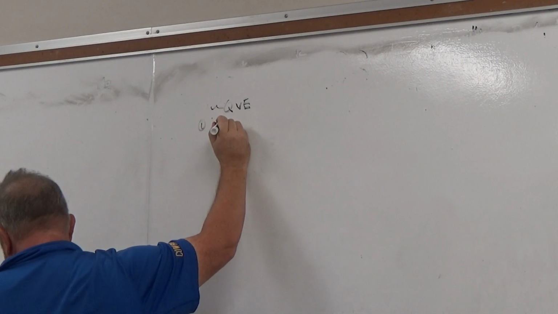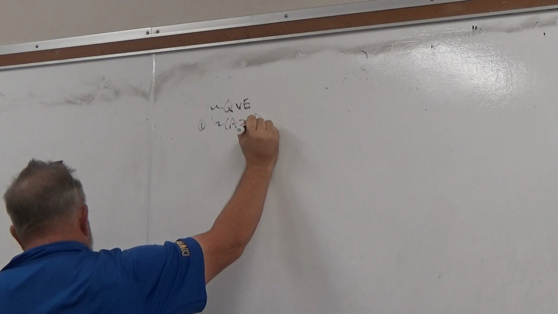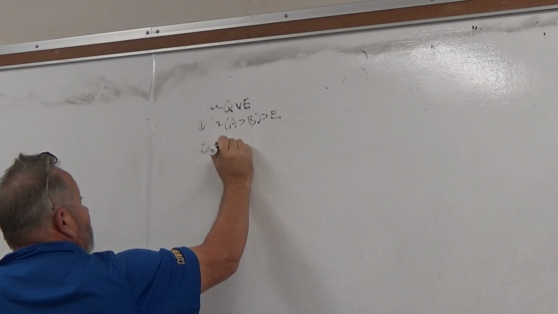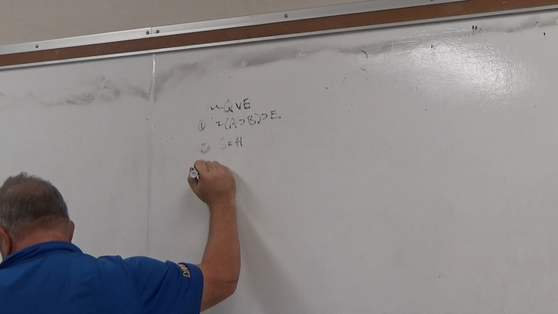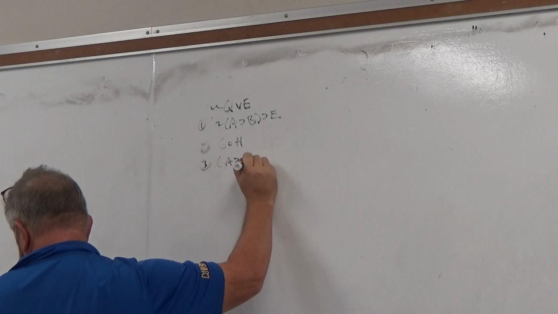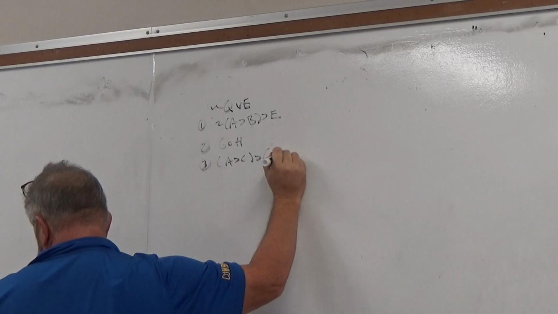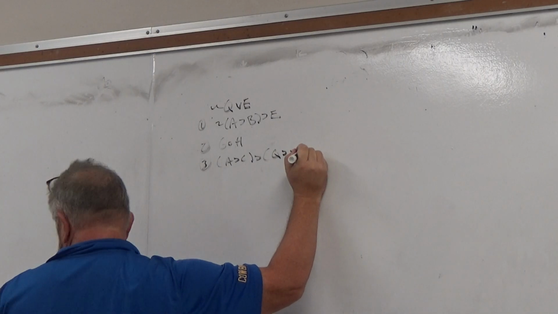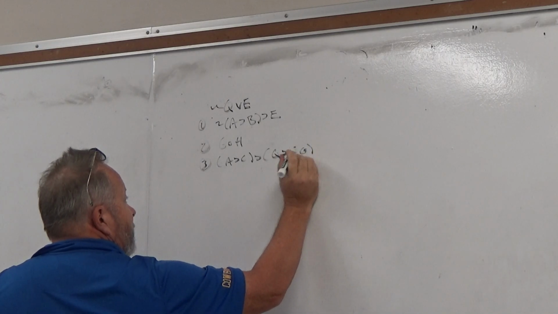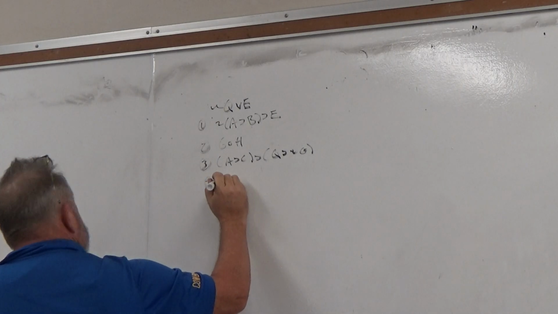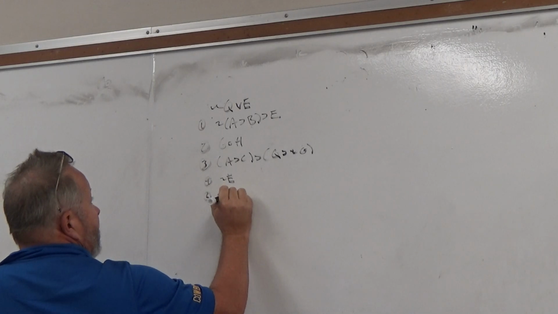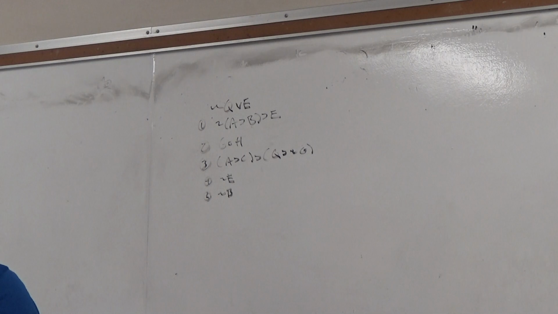We have 1, not A, then B; 2, E, G, and H; 3, A, then C, then Q, then not G; 4, not E; and 5, not B. Okay, Q.